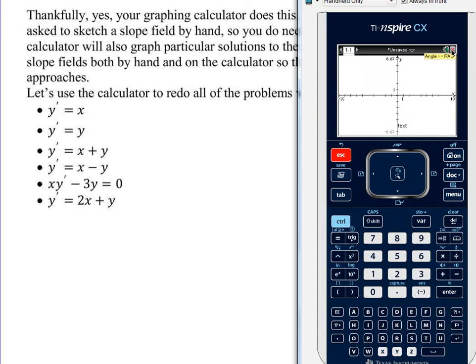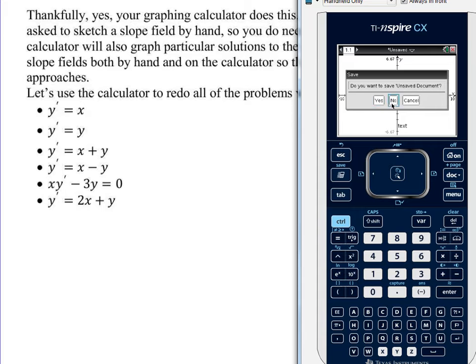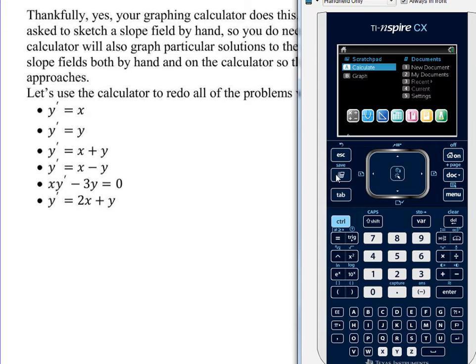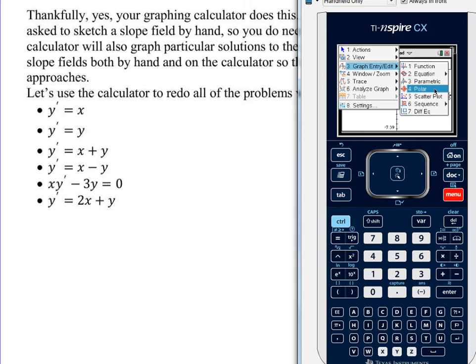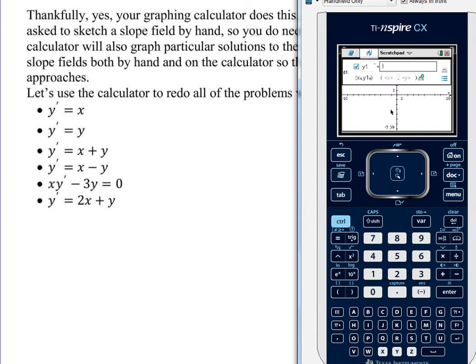Escape, escape. There we go. So it's x plus y1. There you go.